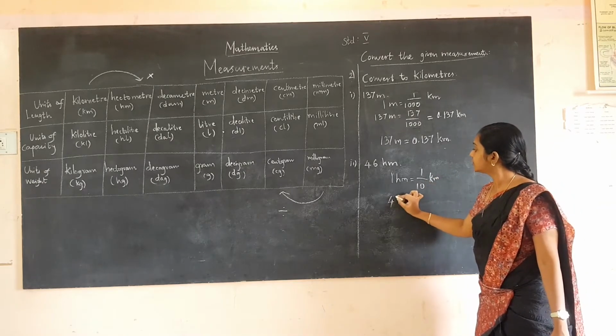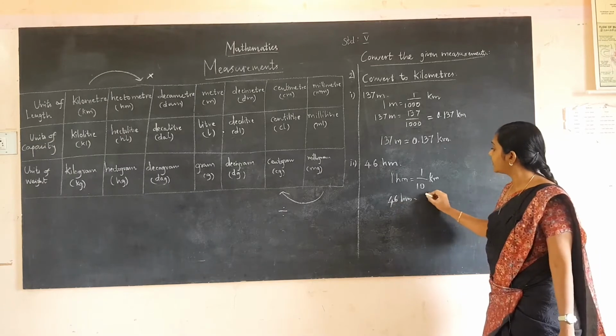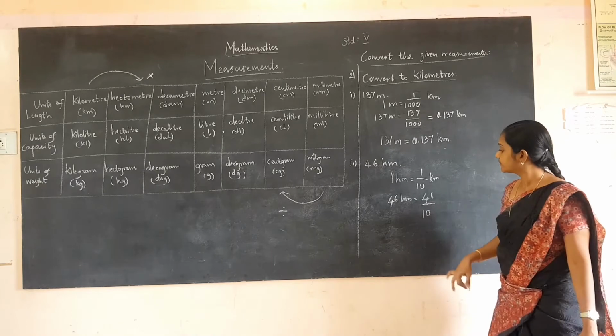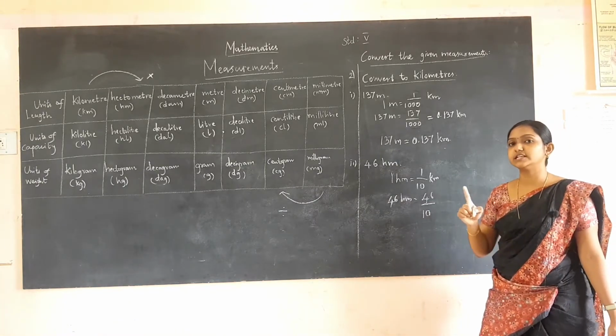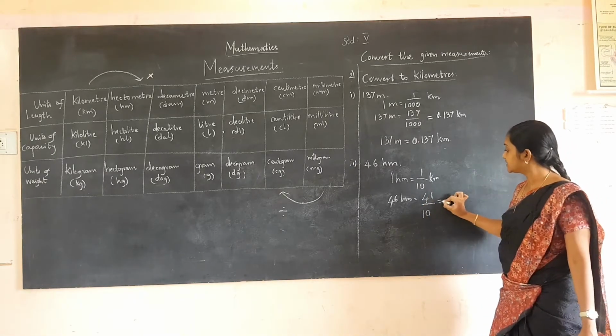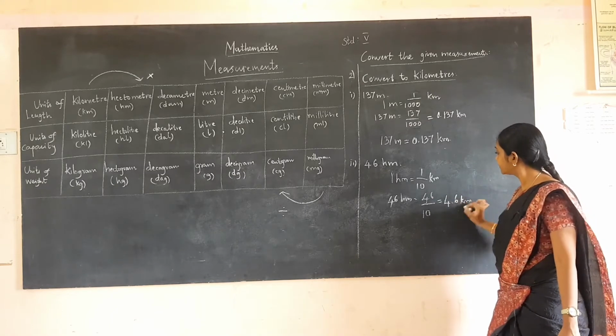Then for 46 hectometer we have to divide 46 by 10. We are having 1 zero in the denominator. So we have to keep the decimal point before one place. Before one place means it is 4.6 kilometer.